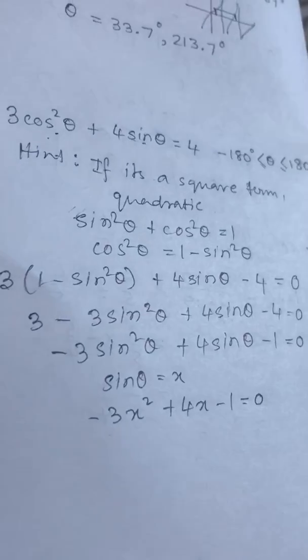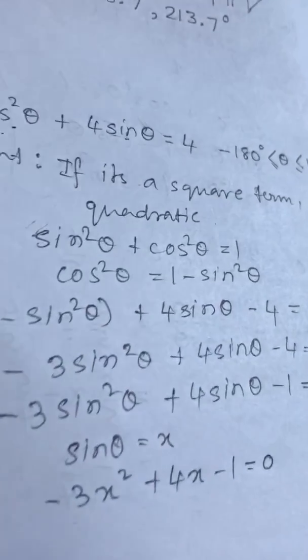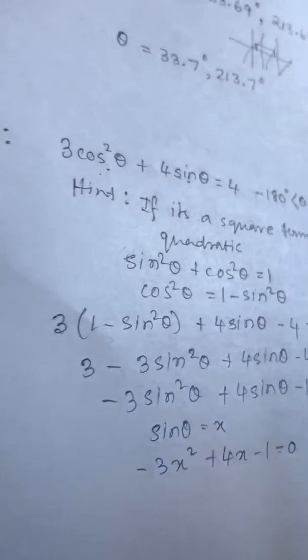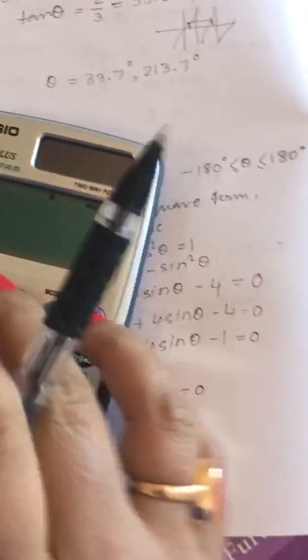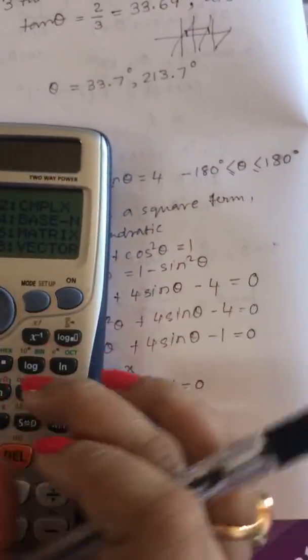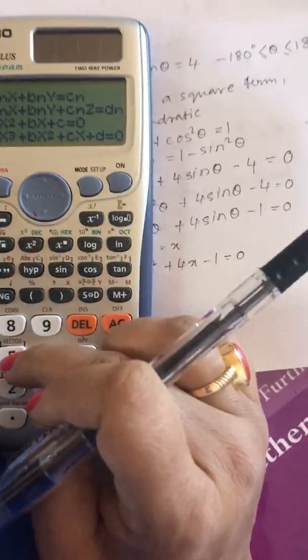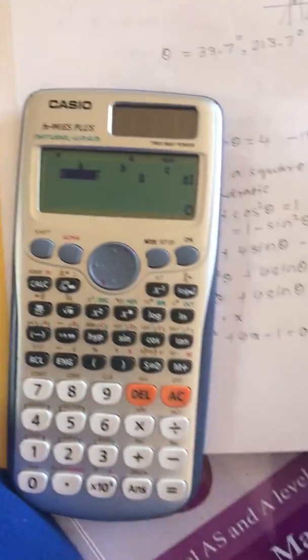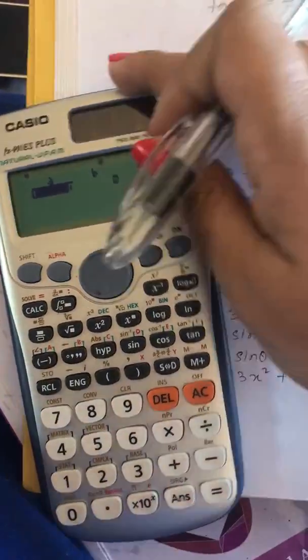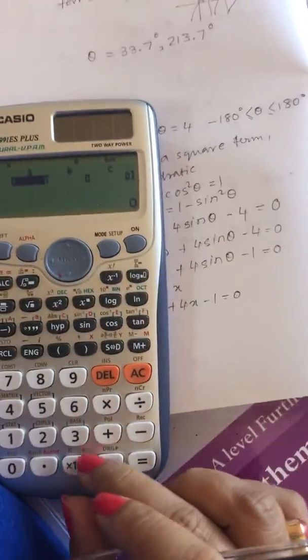I'm just going to use the calculator to go to the equation, go to the quadratic, and type in my quadratic, minus 3, 4, and minus 1.